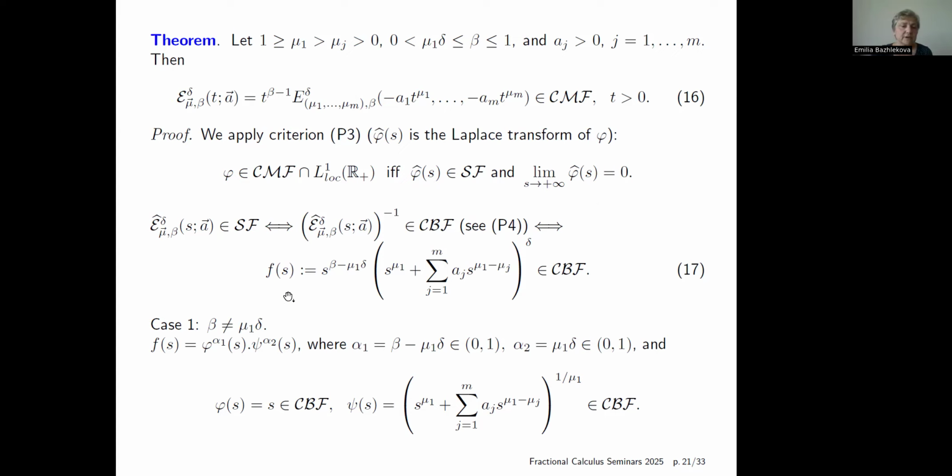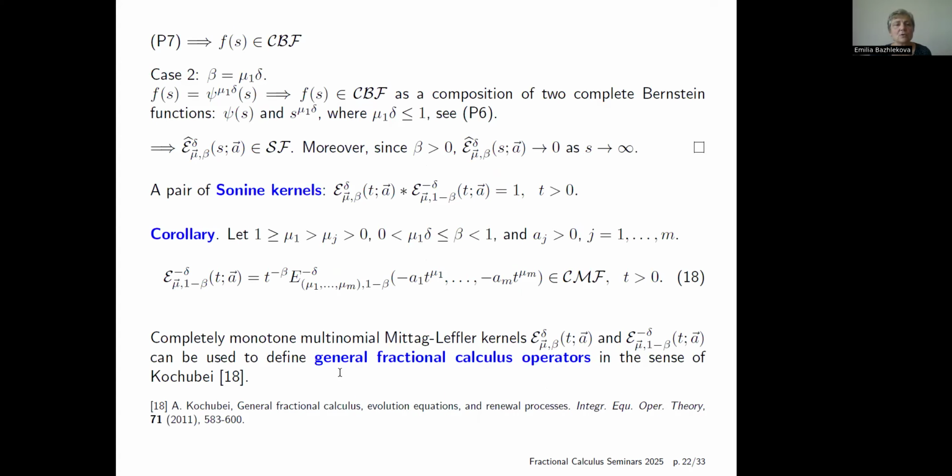We consider two cases, and in the first case we represent it as a product of two functions which are complete Bernstein functions, and this representation allows us to use property 7, which implies that this is a complete Bernstein function. And in case 2, this is even easier. We use that the composition of two complete Bernstein functions is again a complete Bernstein function.